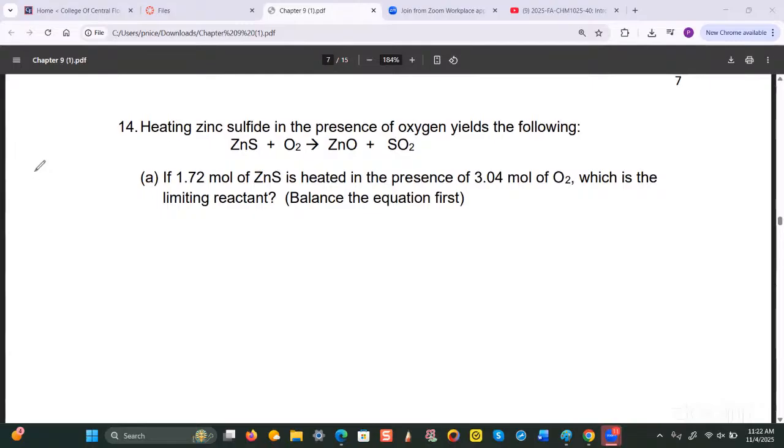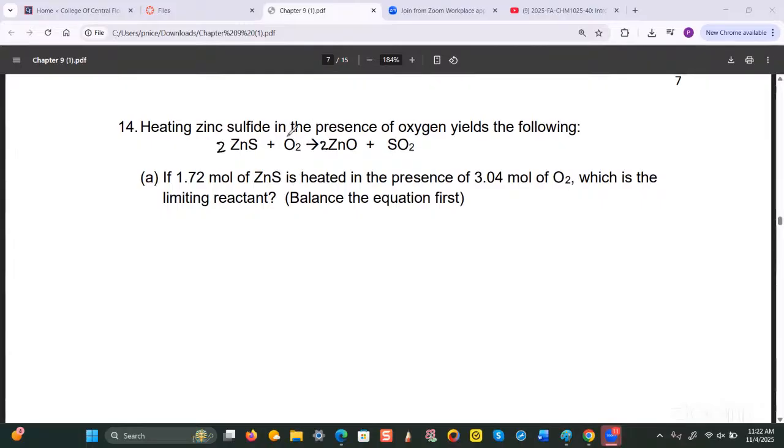Okay, somebody is chatting online, suggesting we put a 2 in front of the zinc sulfide, which I agree with. Put a 2 in front of the zinc oxide, which I agree with also. And then what else?